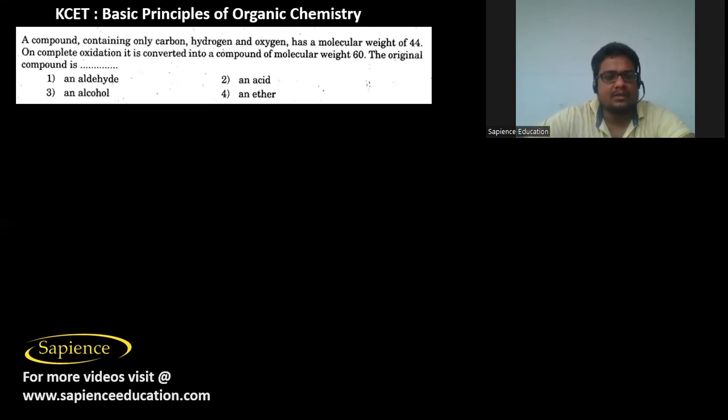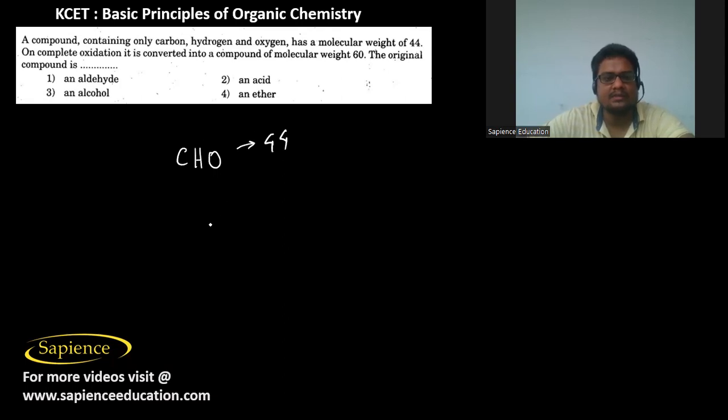Then here it is told a compound containing only carbon, hydrogen and oxygen has a molecular weight of 44. On complete oxidation, it is converted into a compound of molecular weight 60. The original compound is.